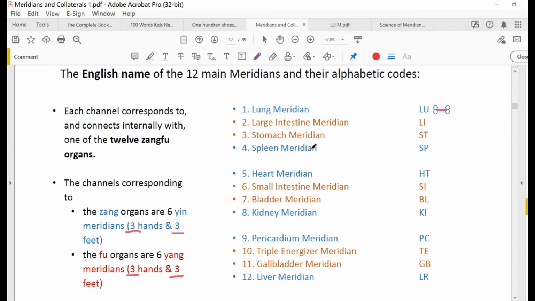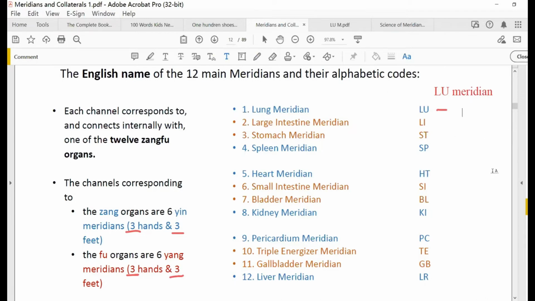Because we need to write them, and for short, we just use LU. If you try to study the meridians, you'd better write them down, right? Lung meridian.